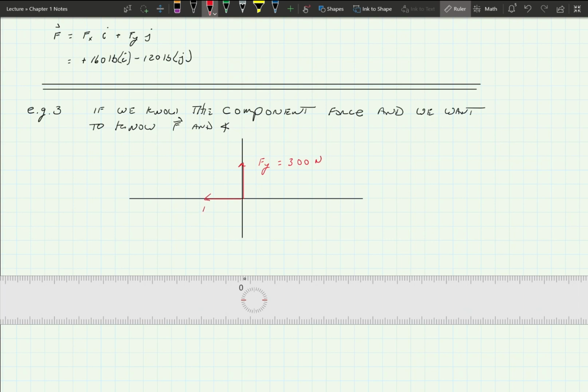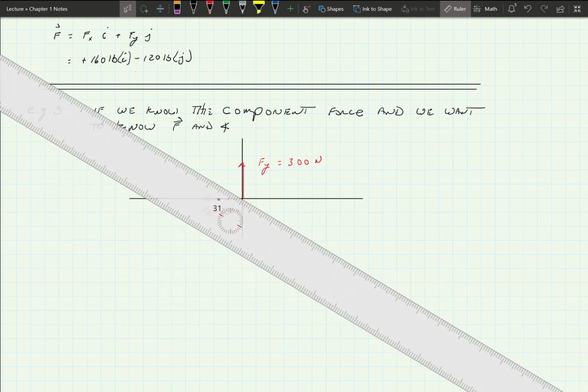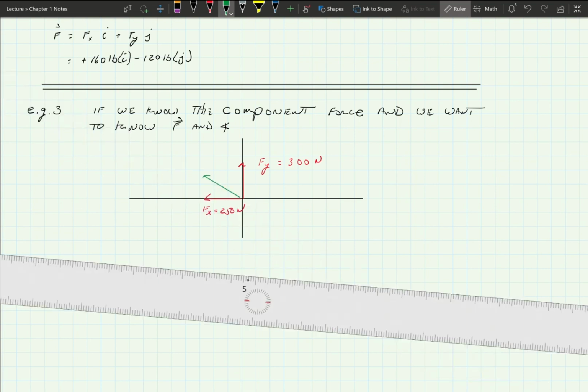And this one's going to be f of x, and this is going to be equal to 250 newtons, didn't I? Yep. Okay, all right, so someplace out here, I'm going to do this one in green just so you get the hang of this. Someplace out here is my force vector, and I got some angle that's going to come from over here to there, and I'll use theta for this one.